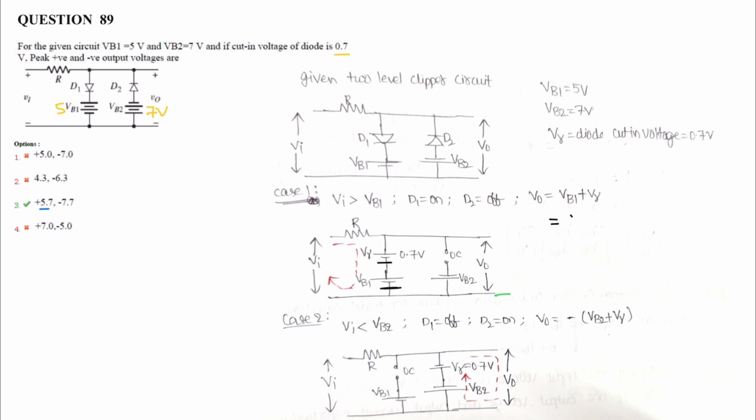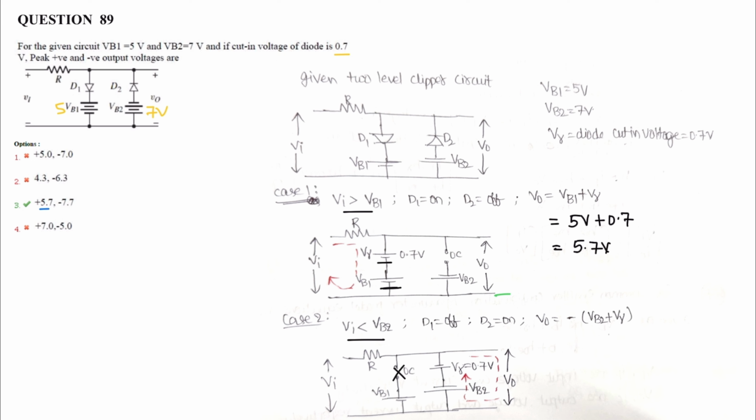So VB1 is 5 volts, V gamma is 0.7 volts, it is plus 5.7 volts.